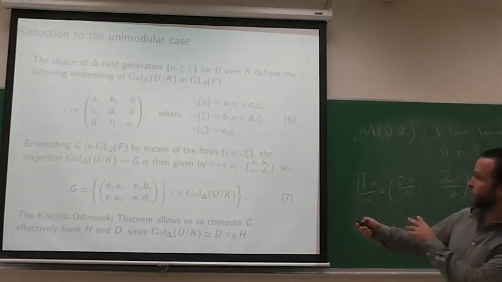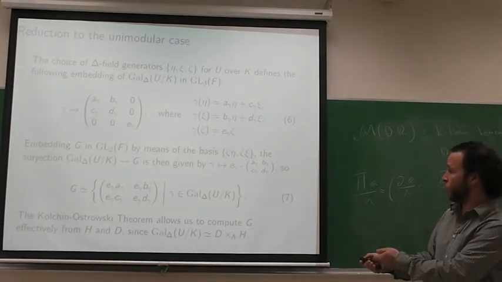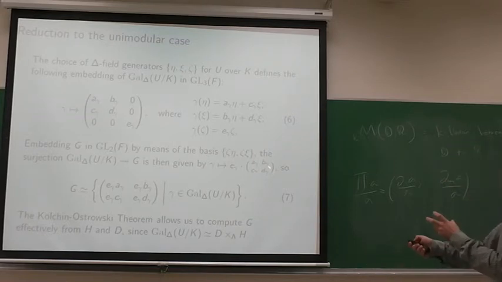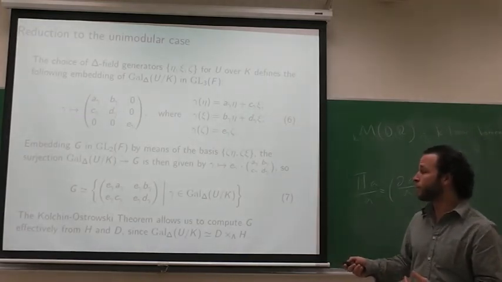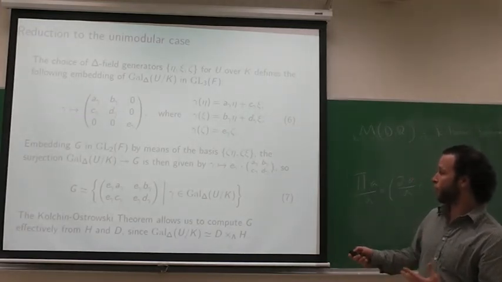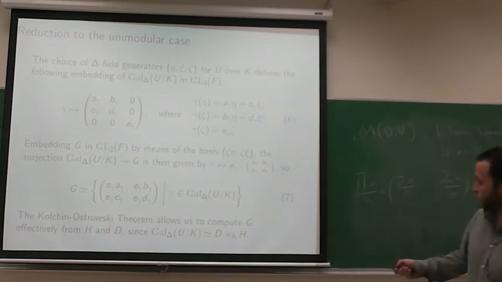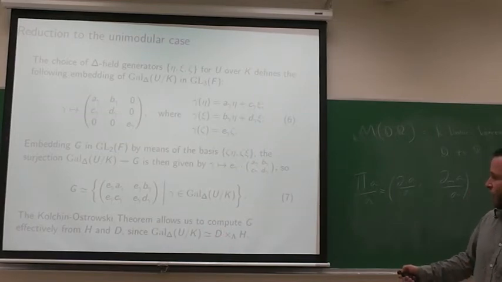And the surjection from this big PPV group into the one that you want is given very concretely by this. And so what you have to do in the end is compute the defining equations for G as a subset of D times H. D is this group that comes out of the change of variables, and H is the unimodular one.